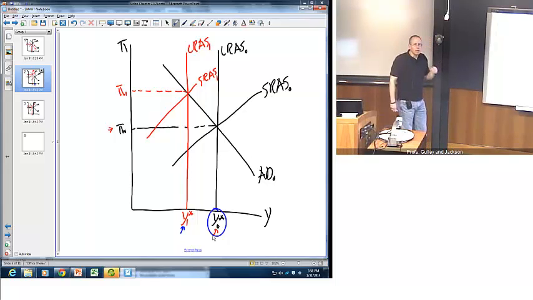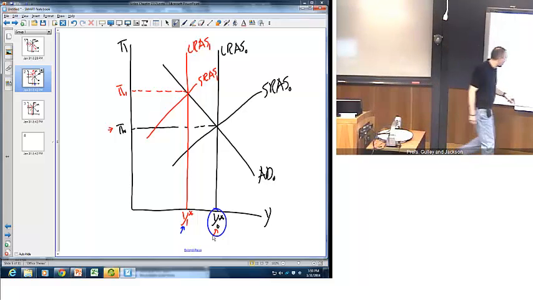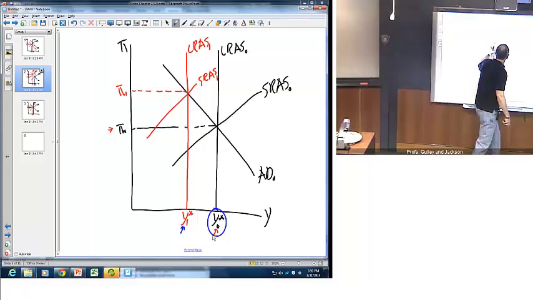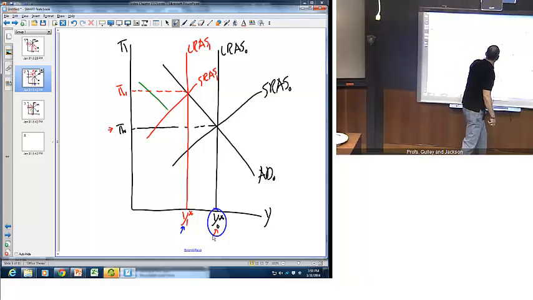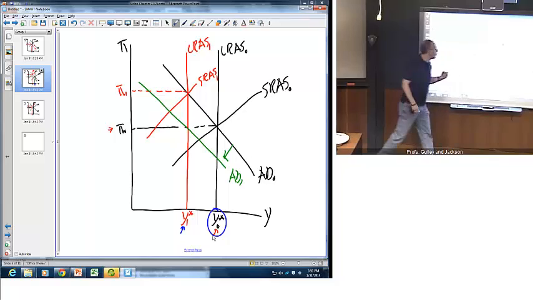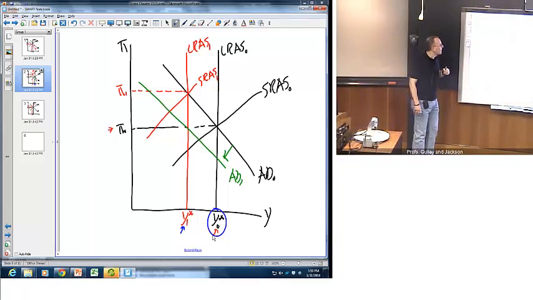By pursuing a contractionary policy to reduce aggregate demand, that would shift the aggregate demand curve back to the left, and it would be relatively easy over time, at least according to our chart here, to move the inflation rate back to its target.